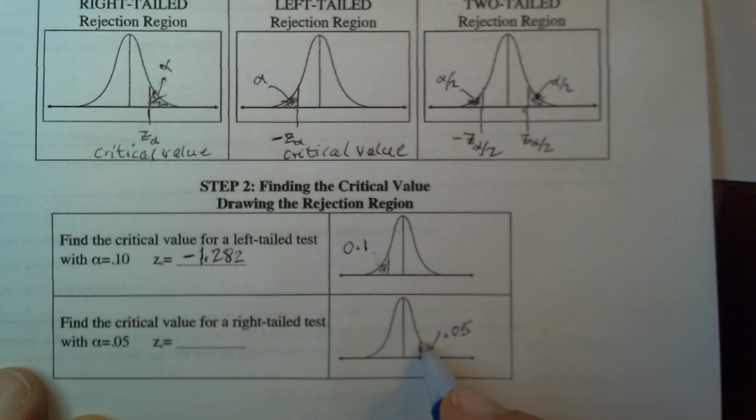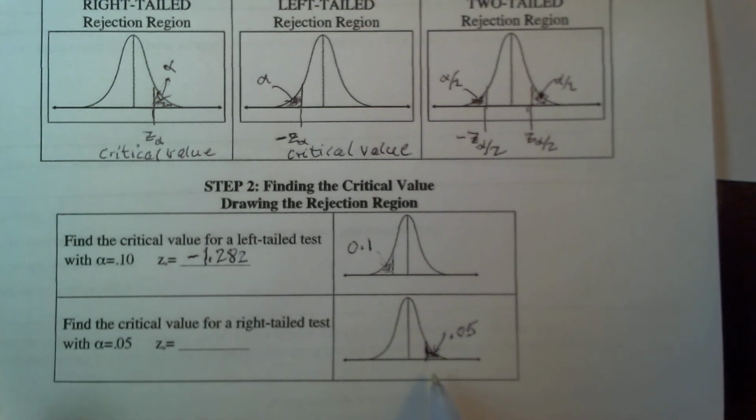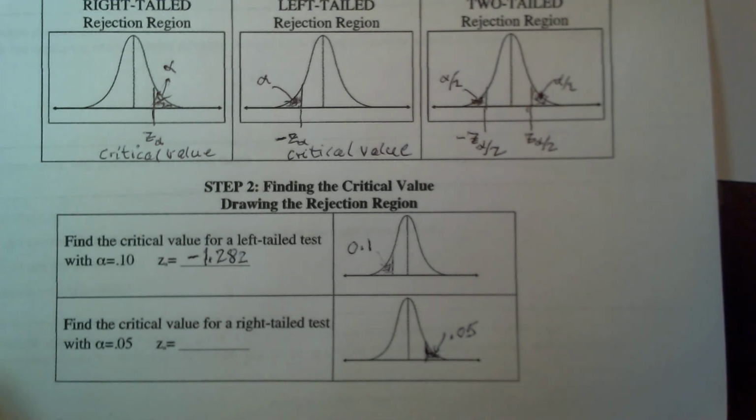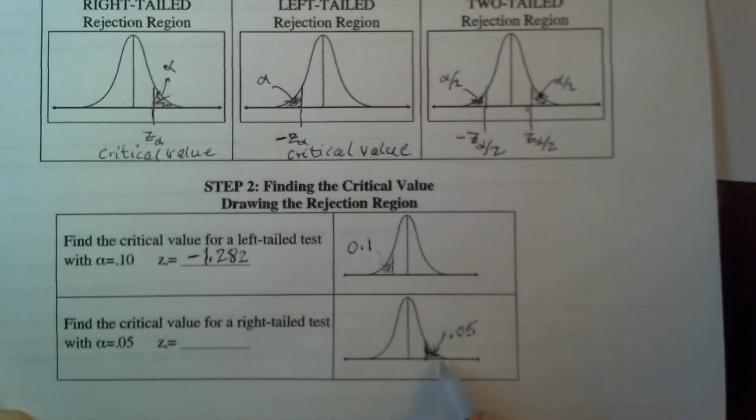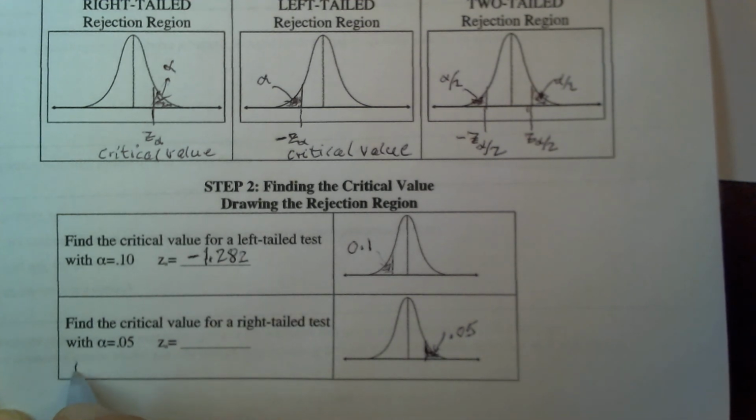We look up the z-score for 0.05, and since we know that's a negative value, we make that a positive one. Or we look up the value for 1 minus 0.05, since the whole region is 1, which is 0.95.